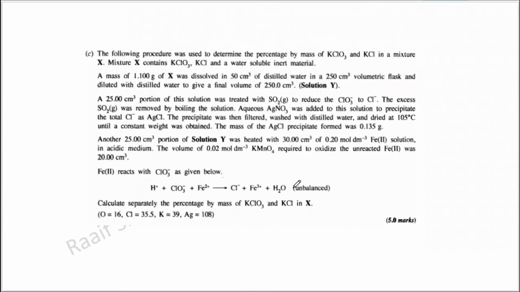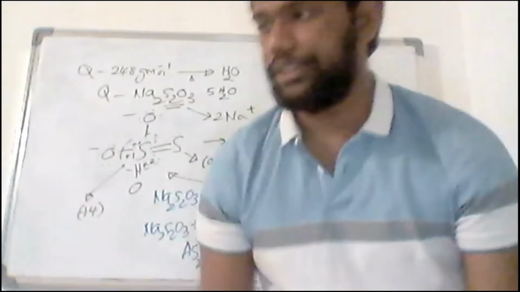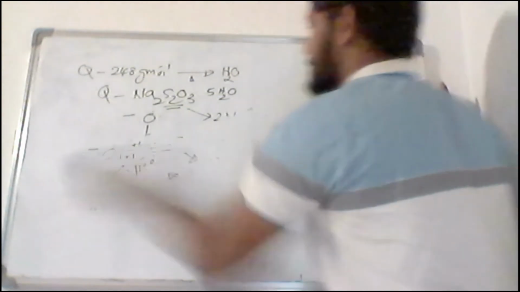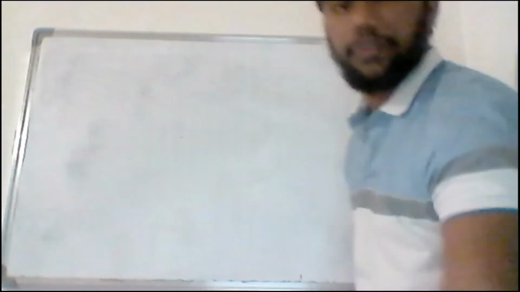So this is again a calculation related question. So I will use the board very quickly to discuss this question qualitatively and as much as possible quantitatively. Right. So the question says, we have a mixture, right?